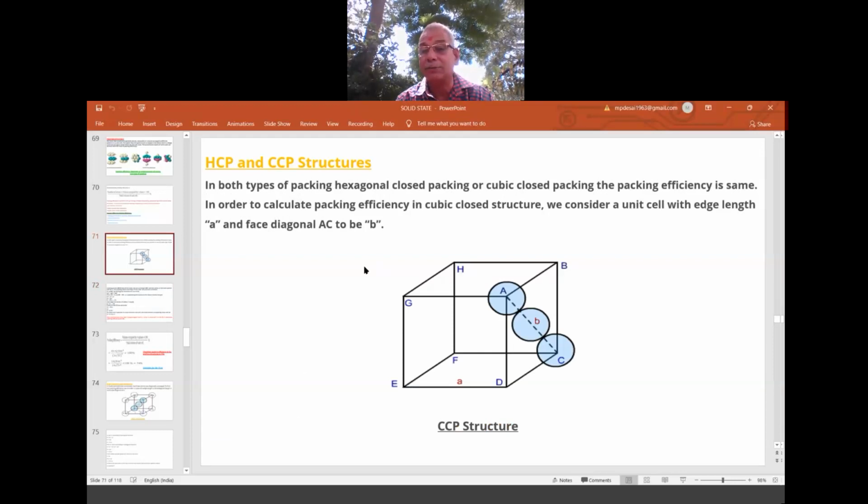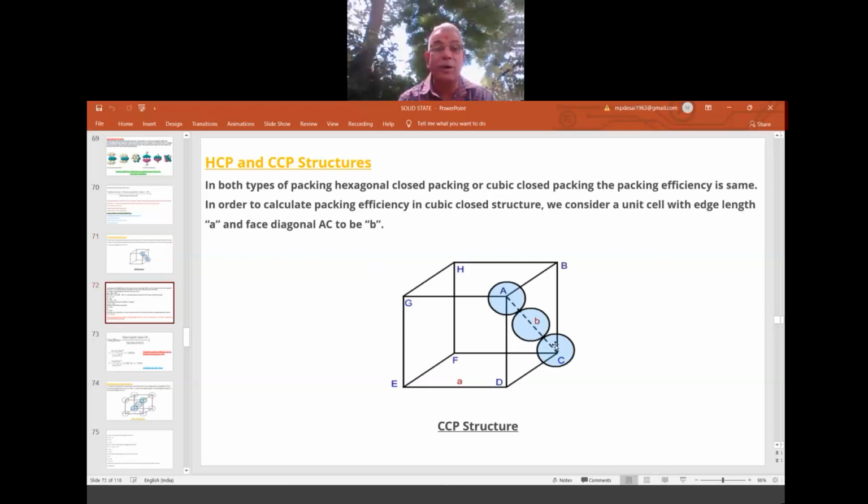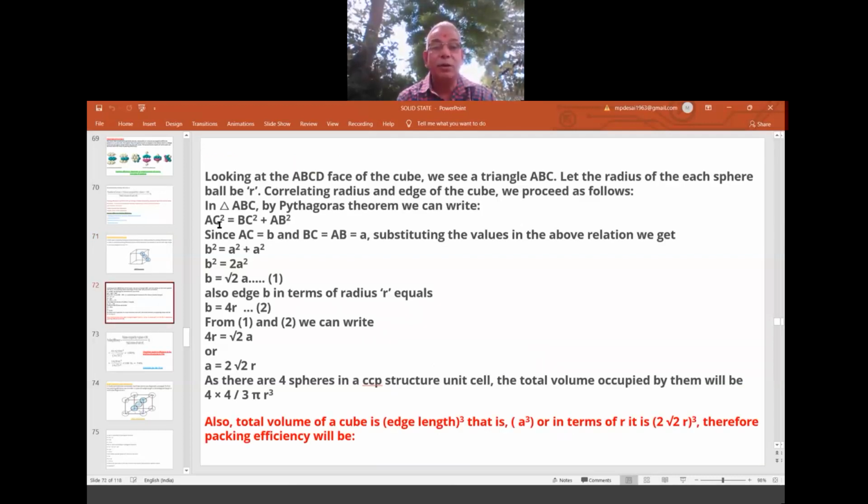By joining A and C via the center, this becomes the diagonal of this face, the hypotenuse of triangle ACD. This is a right angle triangle, so these two are the adjacent sides and this is the hypotenuse. Please make use of your 10th class Pythagoras theorem. So AC square equals BC square plus AB square.